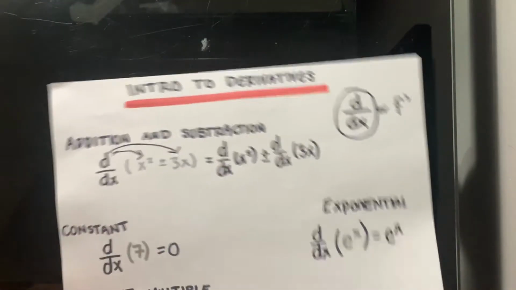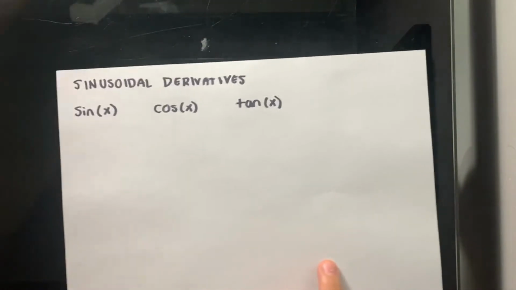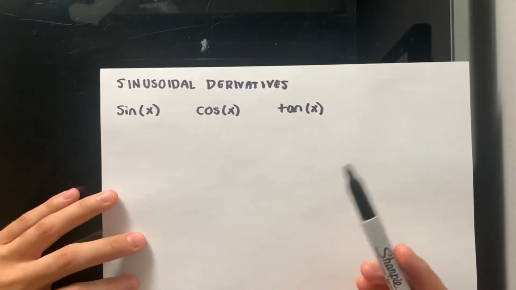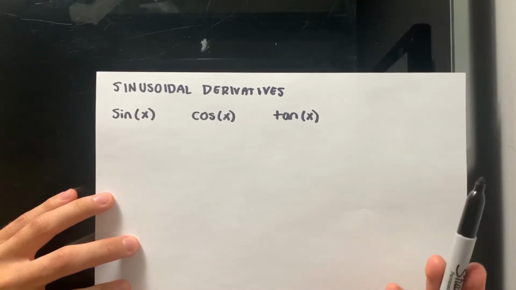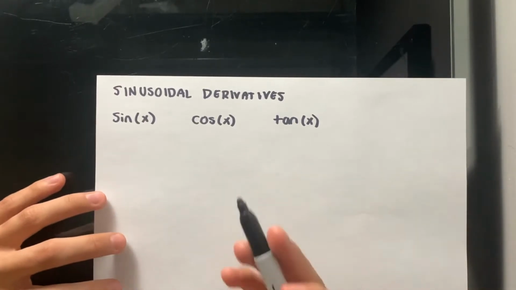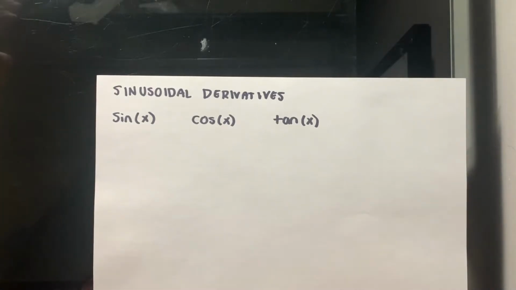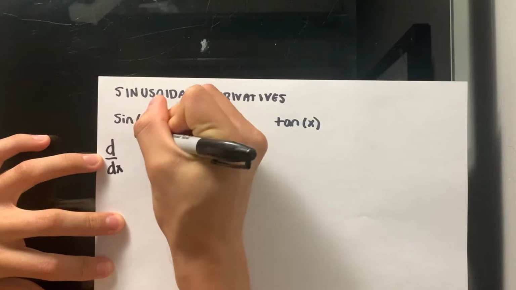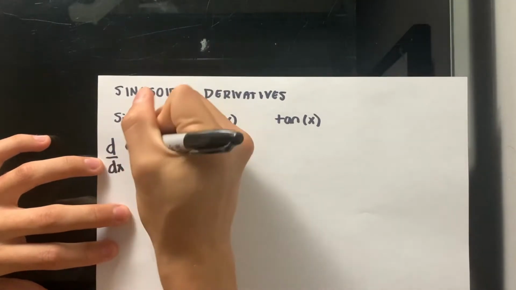All right, the last thing I wanted to do in the introduction is sinusoidal derivatives. This is something that you're going to have to remember. Unless you do a full proof, then you won't be able to solve it. So basically, you need to just remember the derivatives. So the derivative of sine x is cos x.